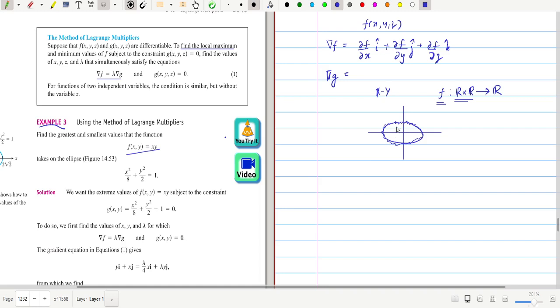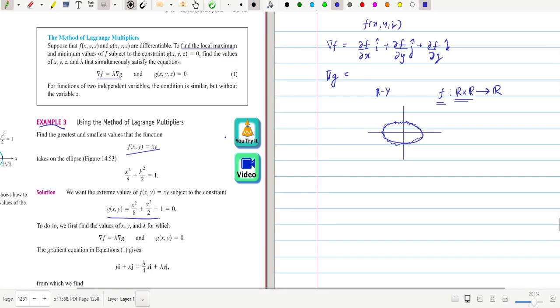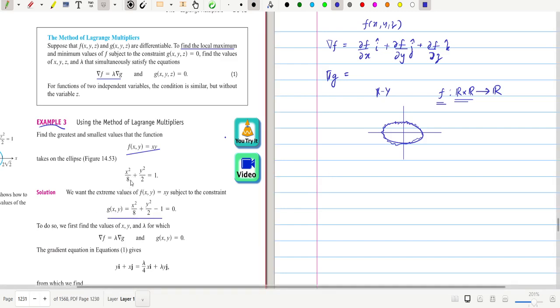In order to find the extreme values, we take this as g of x, y. It contains only x and y. So g of x, y is x square by 8 plus y square by 2 minus 1. We get the equation g of x, y equal to 0, and f of x, y is x times y.